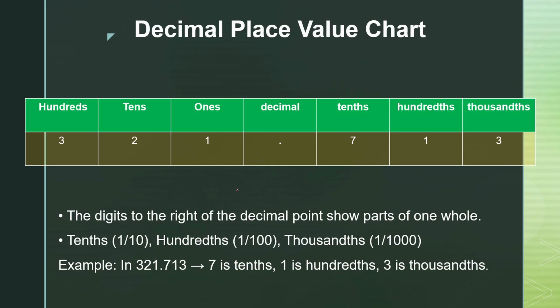In this place value chart, think of the decimal point as a mirror. Everything to the left of the mirror should feel familiar. That's the whole number side: ones, tens, hundreds, and so on. Now look at the right side of the mirror, the decimal side. The first place is the tenths, then the hundredths, the thousandths.